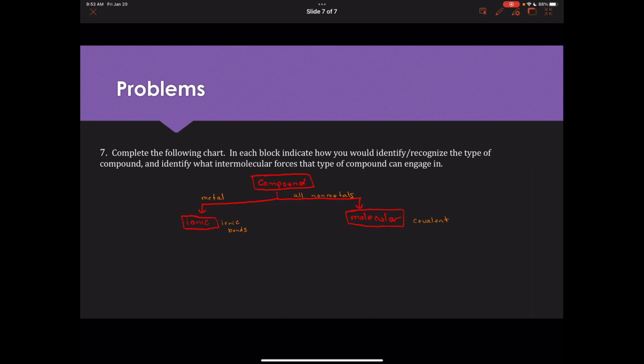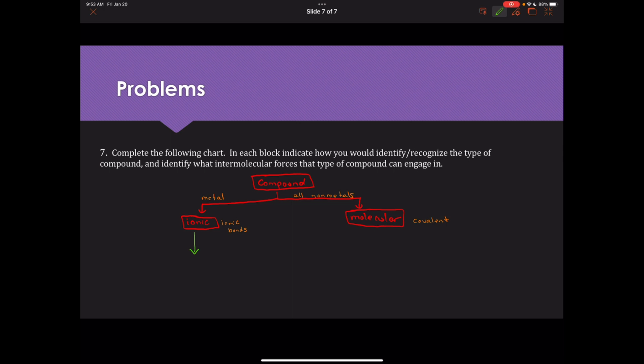Now, if I have an ionic compound, that ionic compound is held together by ionic bonds. Now, that's what's going to lead to that ionic compound being a solid. Those are not intermolecular forces. Those are chemical bonds forming that solid.